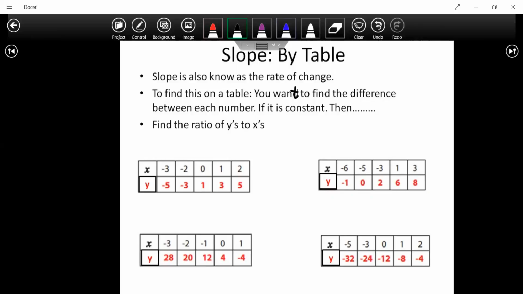So copy that down. This is what we always get. We always have slope being y over x. Not x over y. Change the y over change in x. As you see it, 1, 2, 3.